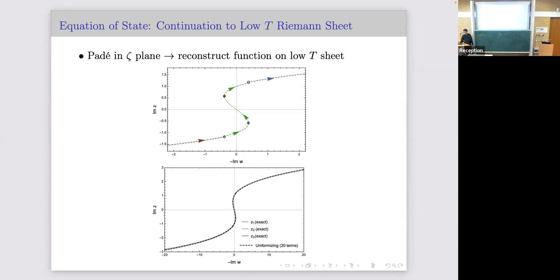So that enables you to go from an expansion on the high temperature sheet through a phase transition to expansion of the low temperature sheet. Again, I don't know any other efficient ways to do that across sheets.